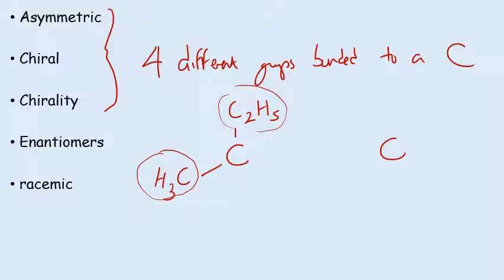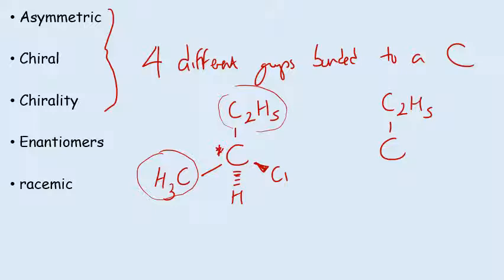Okay, and if you have a carbon that is bonded to 4 different groups, such as C2H5, CH3, so an ethyl, a methyl, we could have hydrogen, and then the 4th atom could be a halogen, for example. That would be an asymmetric molecule, and this is classified as our chiral carbon.